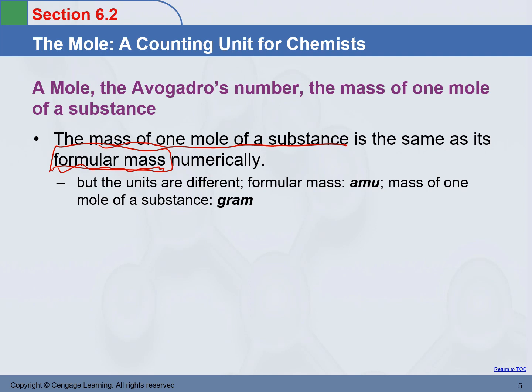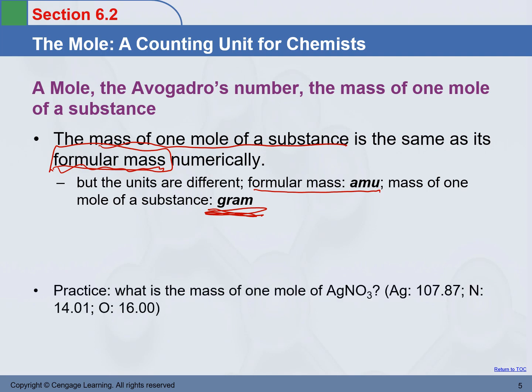You add the atomic masses of all the atoms inside the formula. But make sure your unit is grams for the mass of 1 mole of a substance. The unit for formula mass is AMU. However, again, numerically, they're the same. So when they ask you to calculate the mass of 1 mole of something, you just calculate the formula mass, but make sure you label the unit with grams.